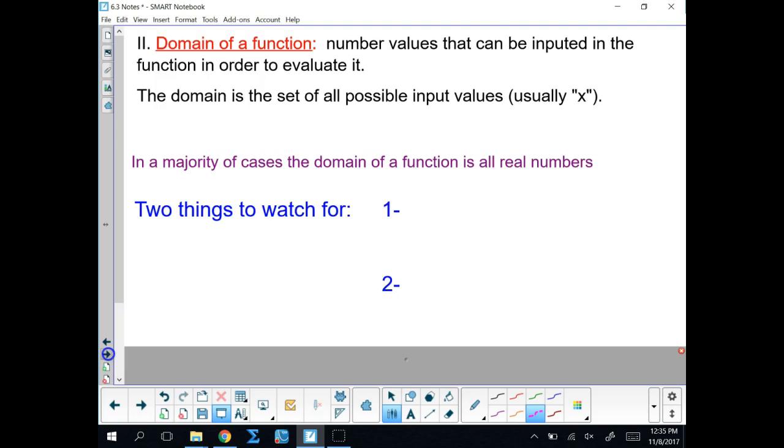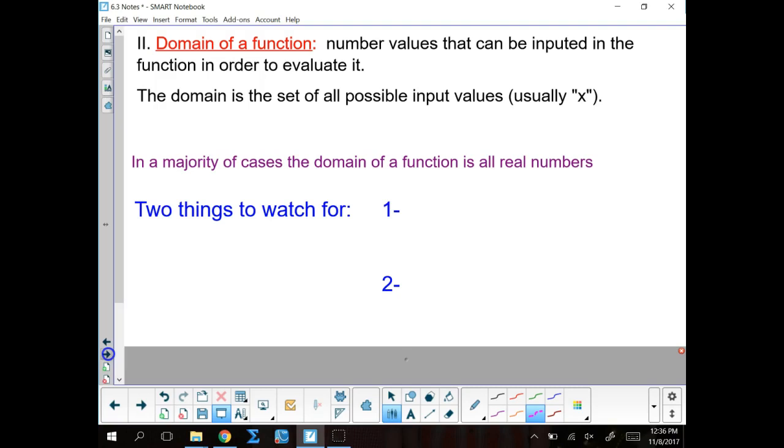Like the repeats? No, that's not going to affect us putting a number in. It's imaginary number. So what produces an imaginary number? A negative square root. So that's something we've got to watch out for, right?